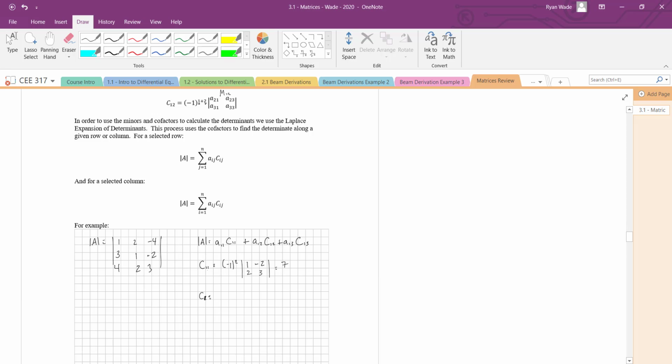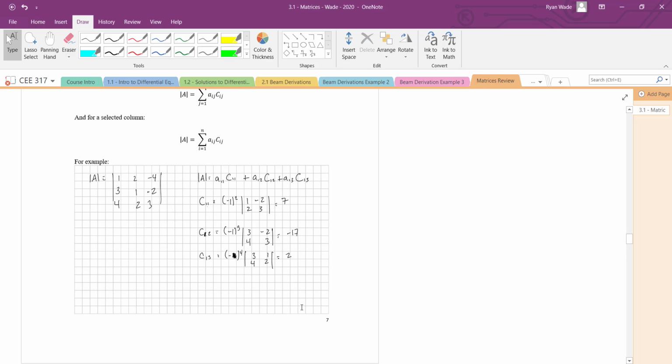Cofactor 1, 2 is going to be equal to negative 1 to the 3, times the determinant of 3, negative 2, 4, 3. And that's going to be equal to negative 17. And the cofactor 1, 3 is going to be equal to negative 1 to the fourth power times the determinant of 3, 1, 4, 2. And that's going to be equal to 2.